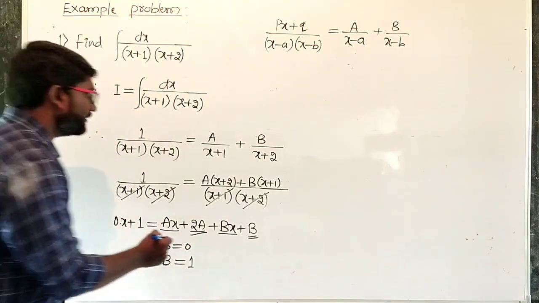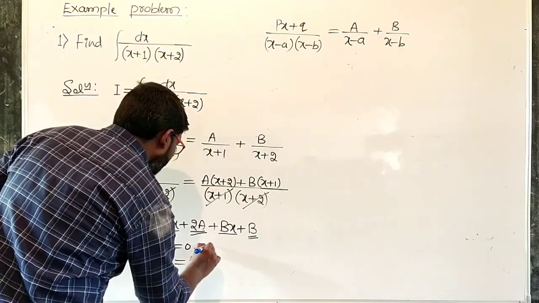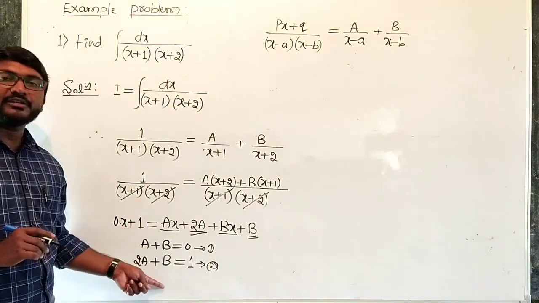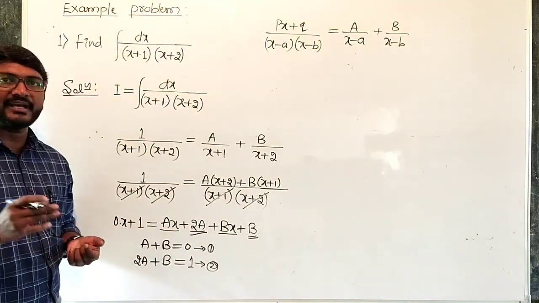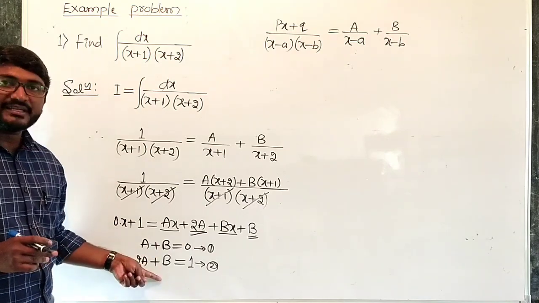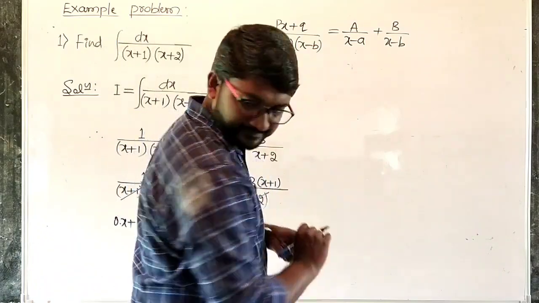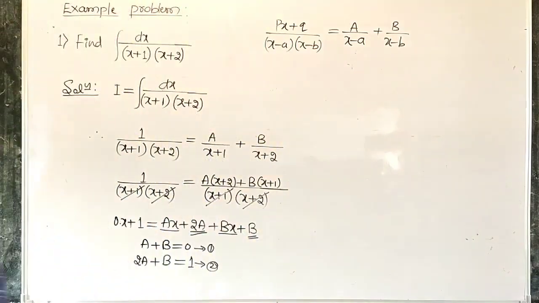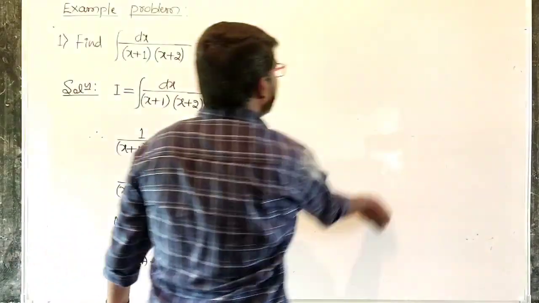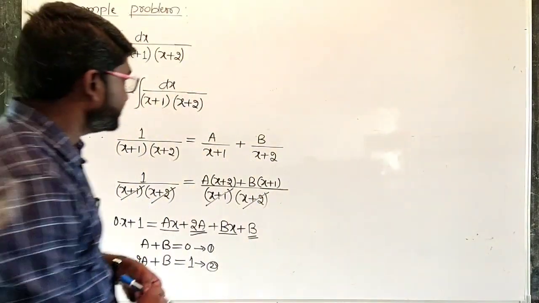Now I call this equation number 1 and this equation number 2. We have to solve these two equations in order to get the values of a and b. So let us solve both the equations.